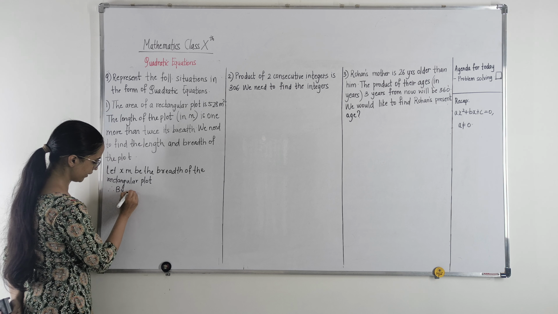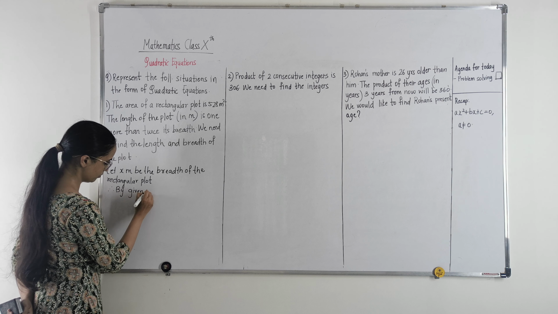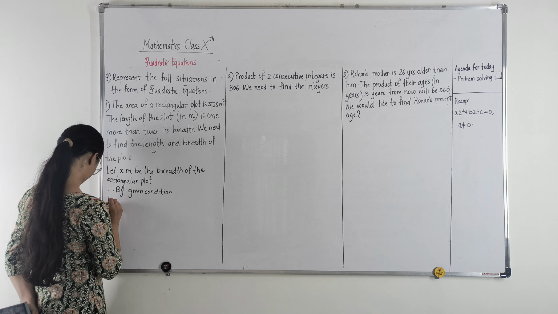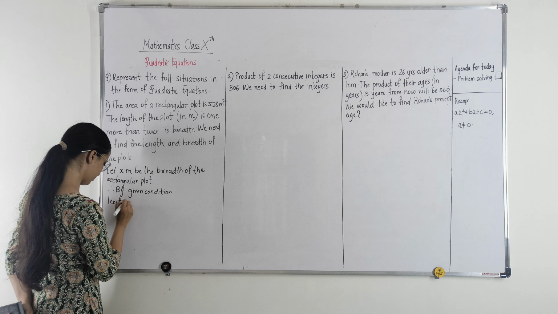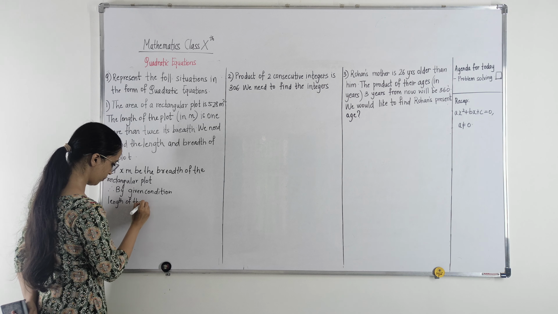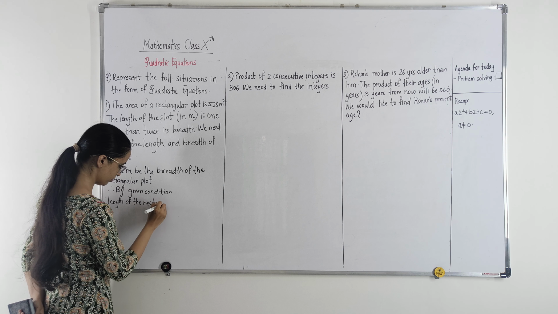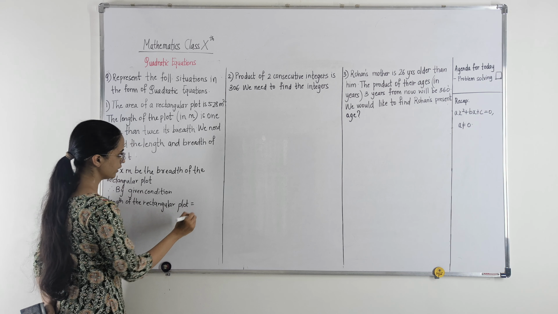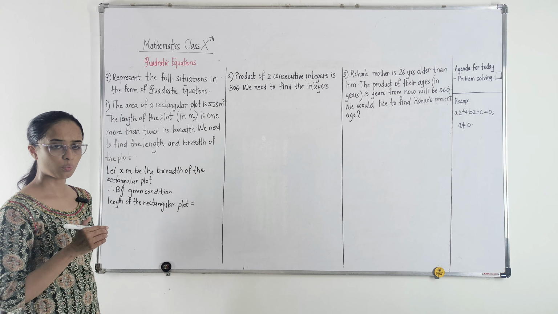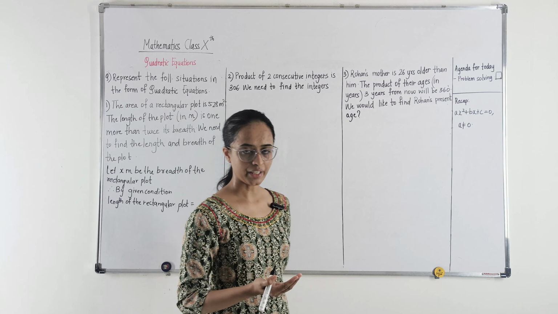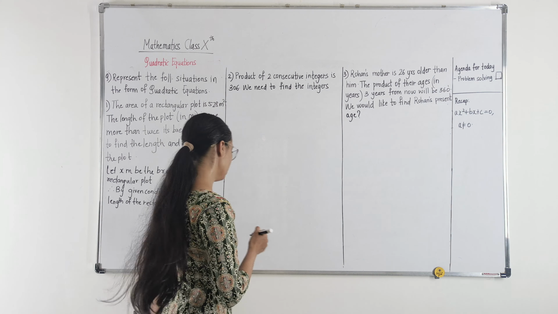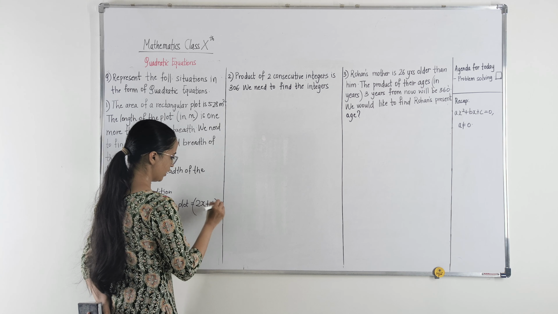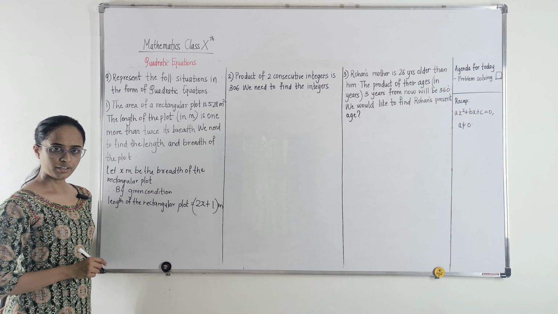Therefore by the given condition, the length of the rectangular plot, they say that it is 1 more than twice its breadth. So whatever would be the breadth, you have to take twice of it and then one more than that. So 2 times the breadth plus 1 more. This is nothing but the length of your rectangular plot.